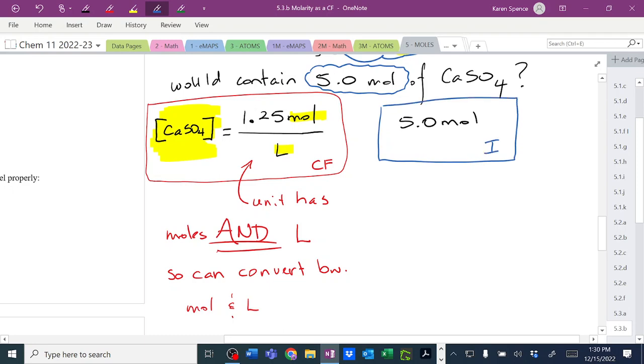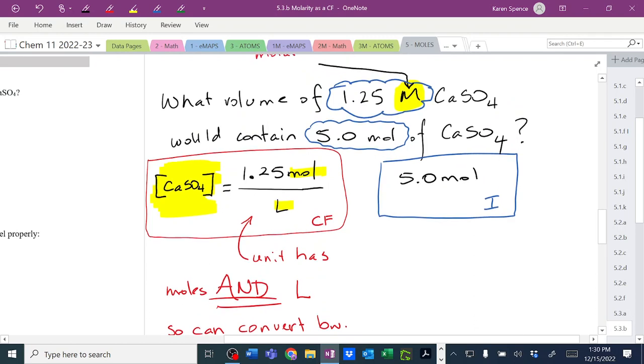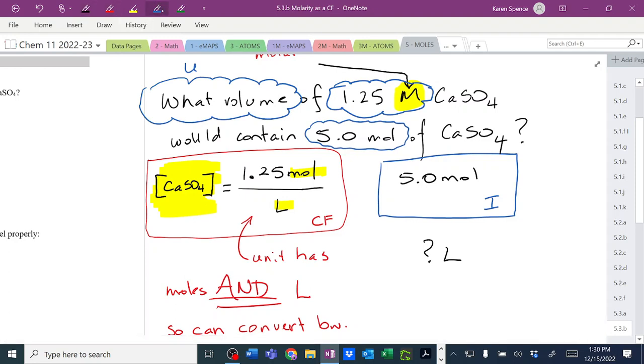And what is our unknown? Volume. Volume is our unknown. So we don't know the number of liters. That is our unknown.